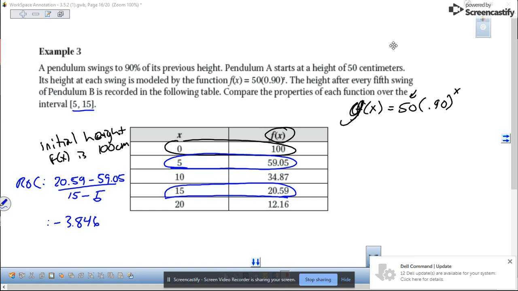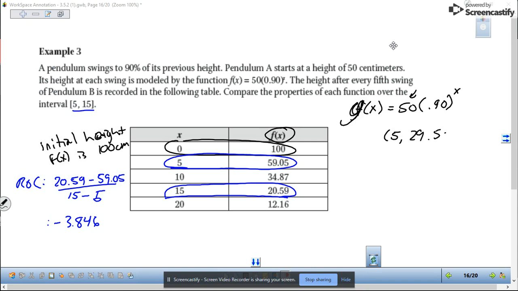So that's the average rate of change for that first one. Now to do the same thing with g of x, we got to get those 2 points. So the first one would be if I plug in 5, what am I going to get? And if you plug in 5 into that function, you get 29.52. If you plug in 15 into that function, you get 10.29.